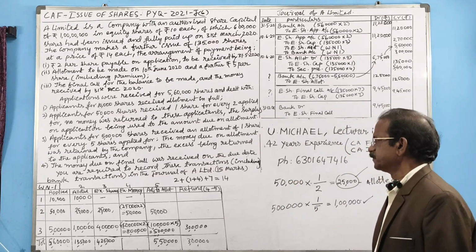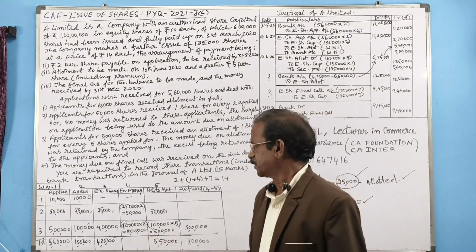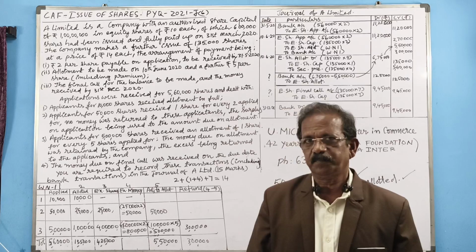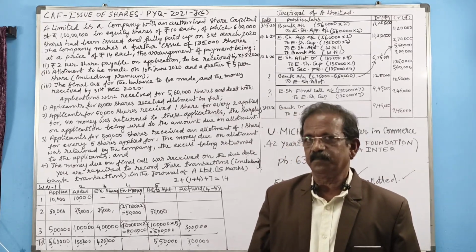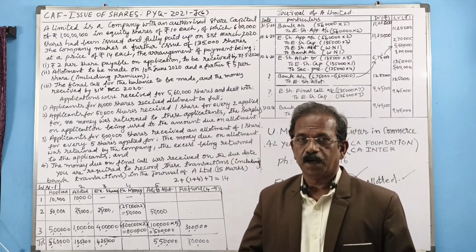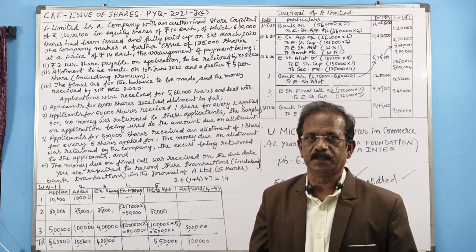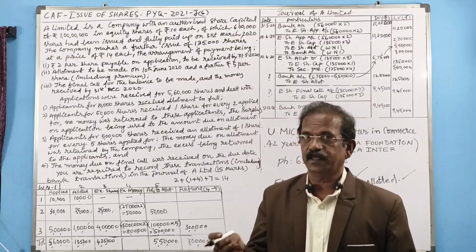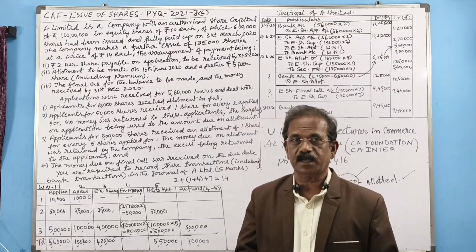It means they applied for 50,000 and were allotted 25,000. Now they became members of the company. When they became members, they have to pay money on the remaining installments. Like on allotment they have to pay money, on first call they have to pay money, and if a second call is there, on the second call also they have to pay money.